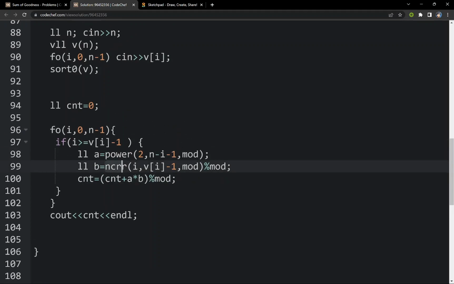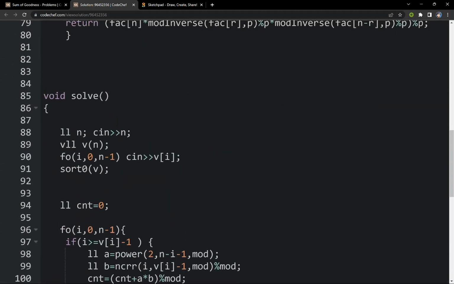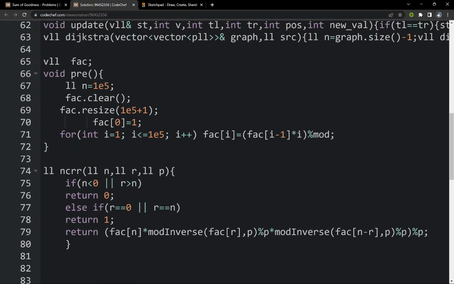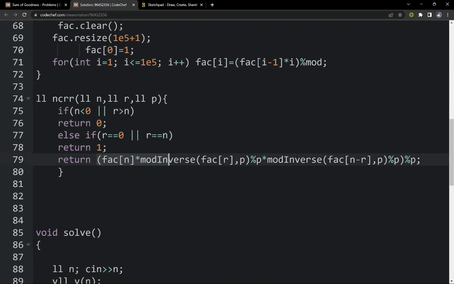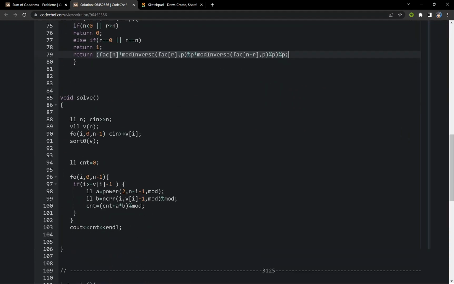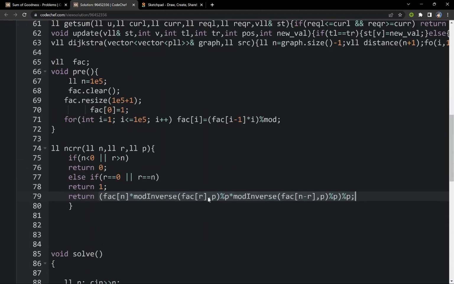Now for this nCr, we have to pre-compute the factorials before starting the test cases. So I have made the pre-function. It will just calculate all the factorials and store them. It is a global variable, and this nCr will just return the nCr value in O of 1 time, so it will take just the power.